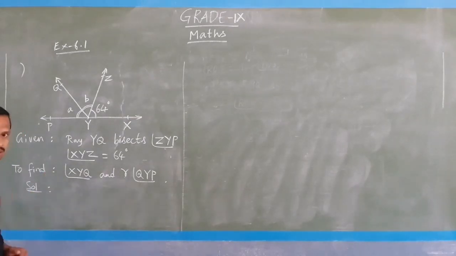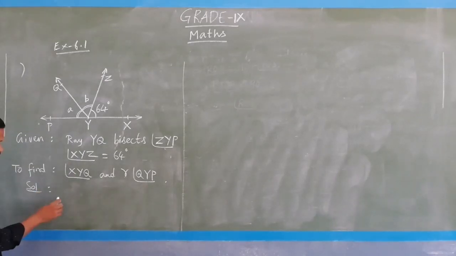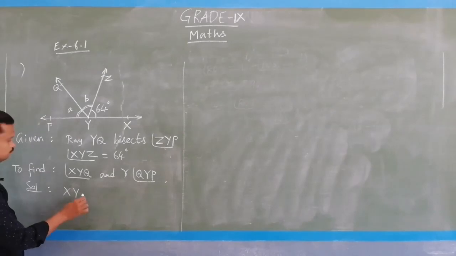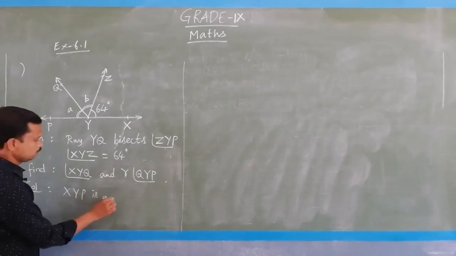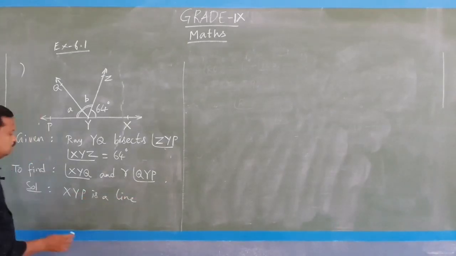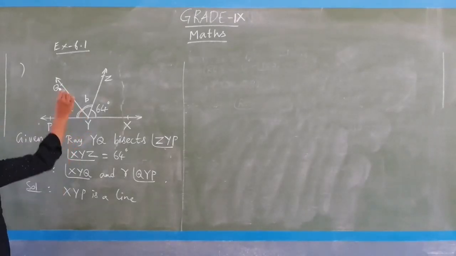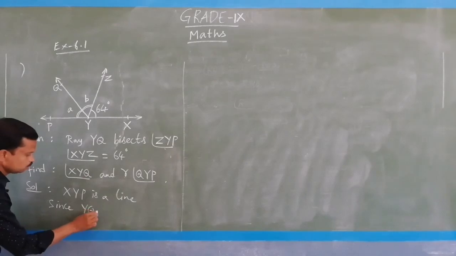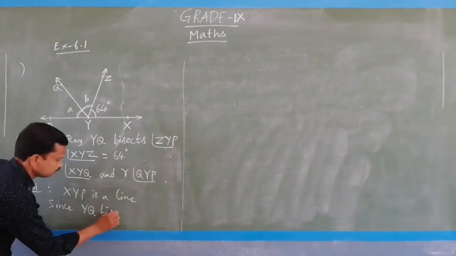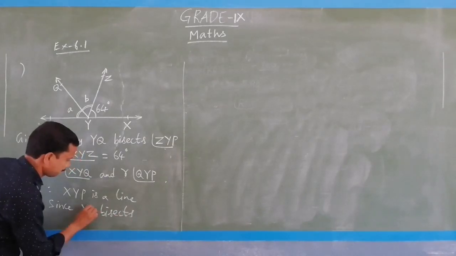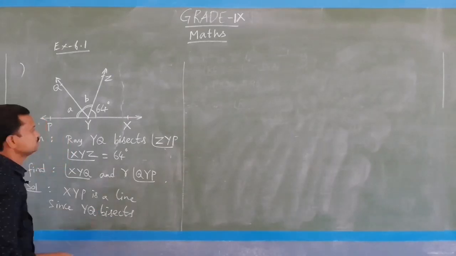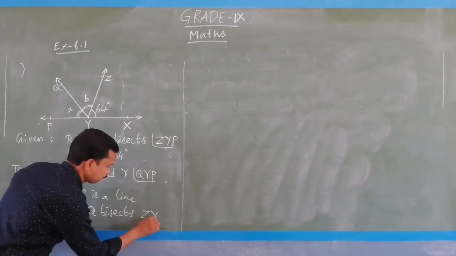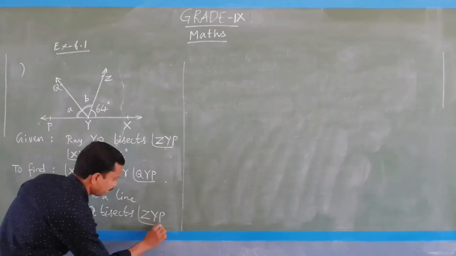Okay, you listen carefully. First of all, XYP is a line, and then YQ, since YQ bisects angle ZYP, what do you get?